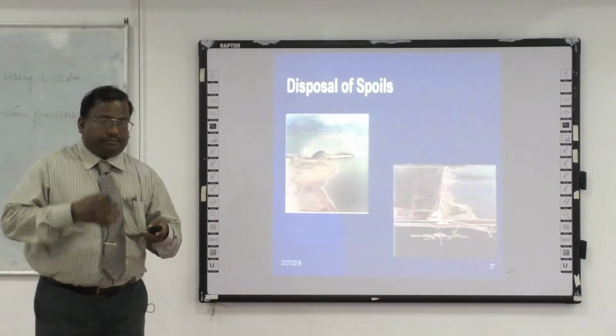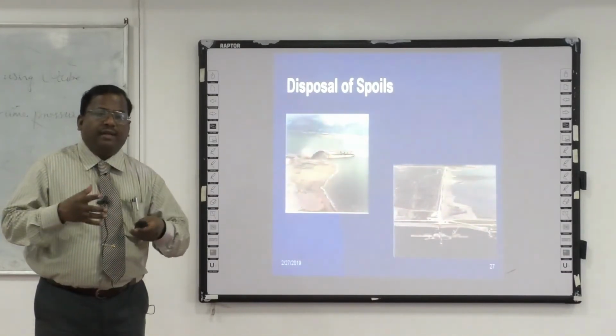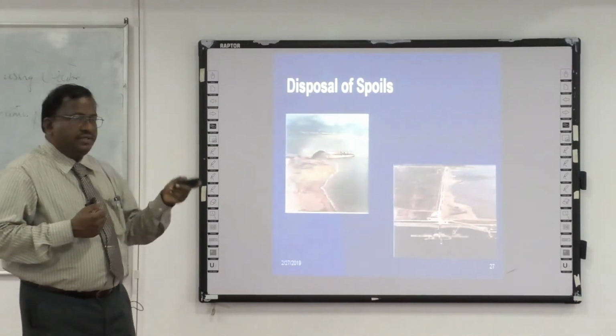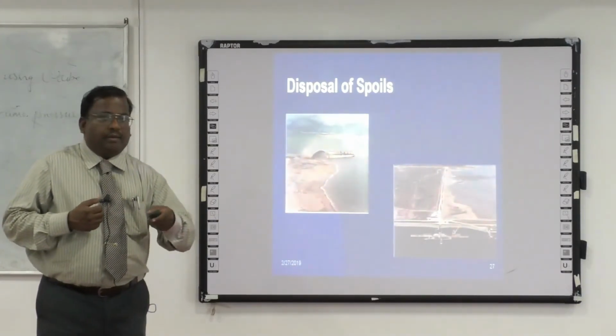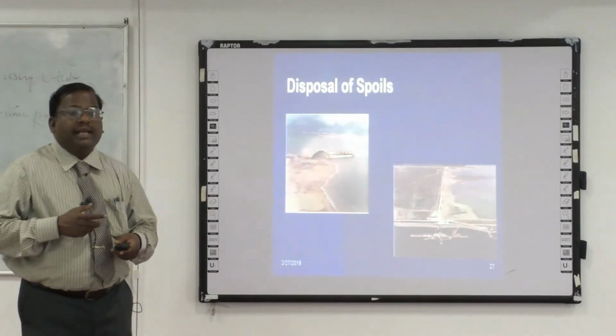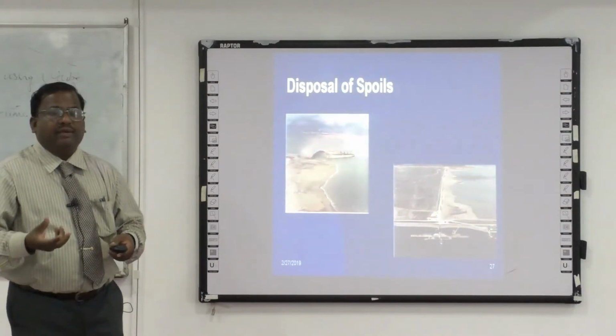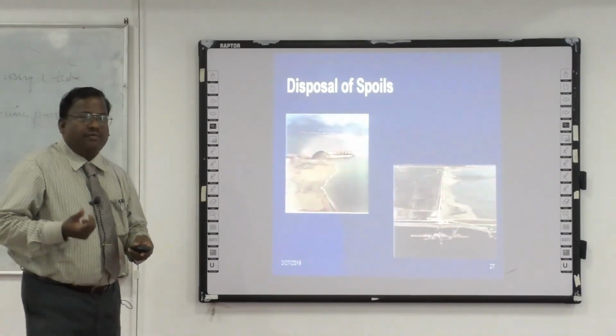Many fauna and flora need sunlight for their growth. If the dredged material is dumped at a place, it will create turbidity. That will obstruct the sunlight and affect the growth of the flora and fauna.